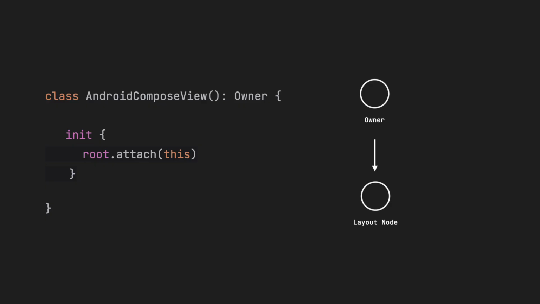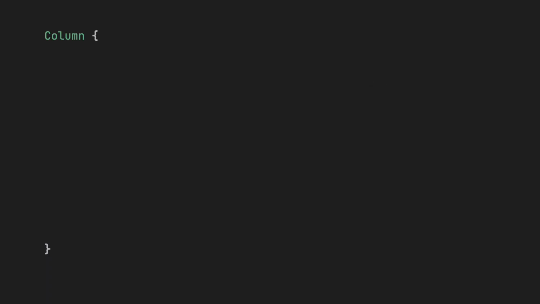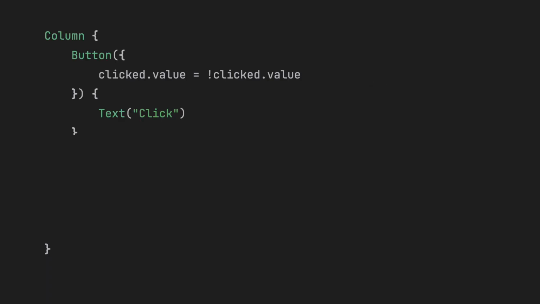Internally in Compose UI, there is something called Android Compose UI, which attaches a root layout. It creates a root layout node, and it acts as an owner. It inherits the owner interface, and it attaches and detaches when your UI either tears down or when it initializes.